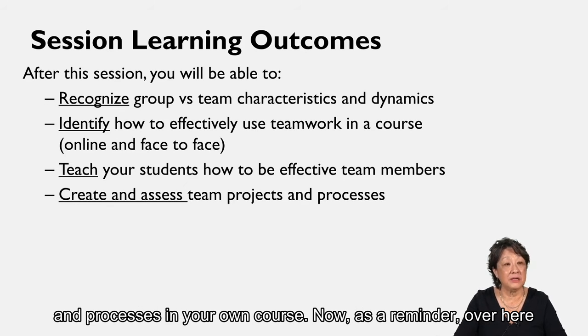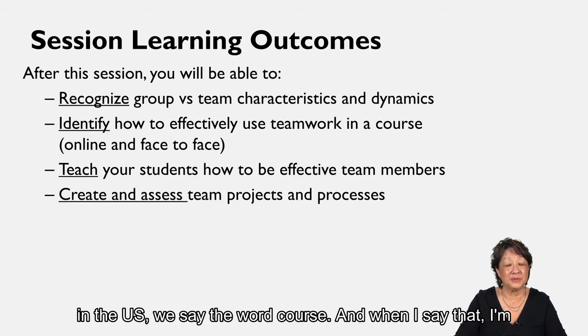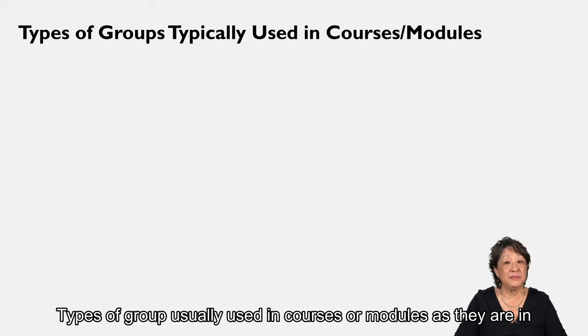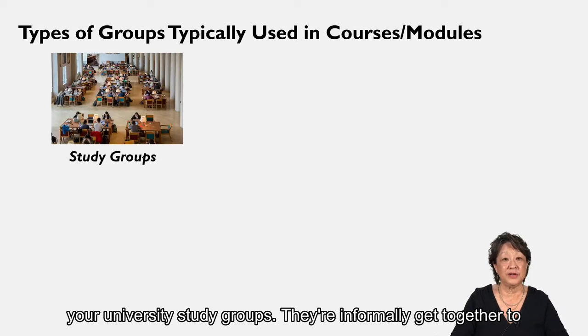Now, as a reminder, over here in the US, we say the word course. And when I say that, I'm referring to your usage of modules over in your own country. Types of group usually used in courses or modules as they are in your university.